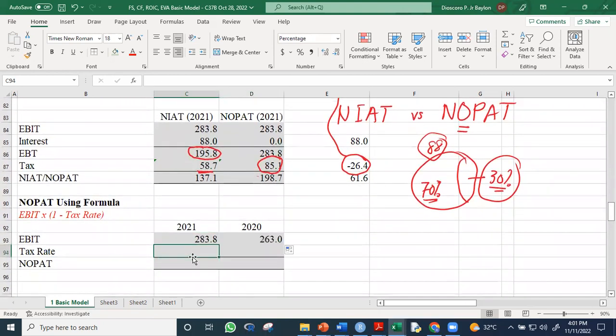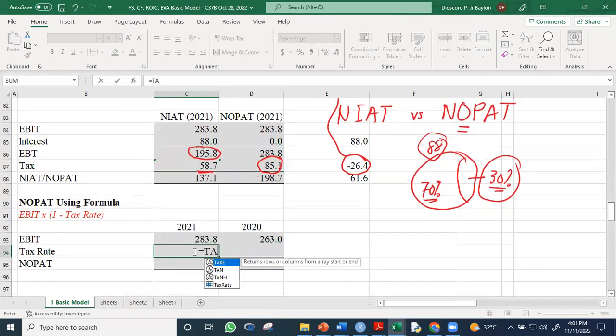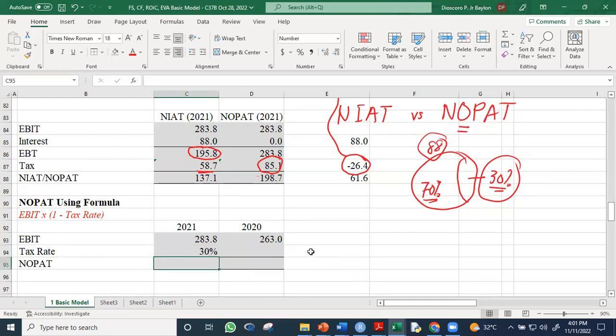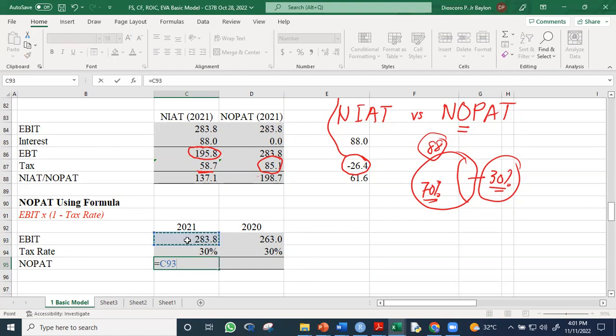And then we know the tax rate, that's 30%, also for 2020, the same. Therefore, our NOPAT will be using this formula, EBIT multiplied by 1 minus your tax rate. There. Control Enter.